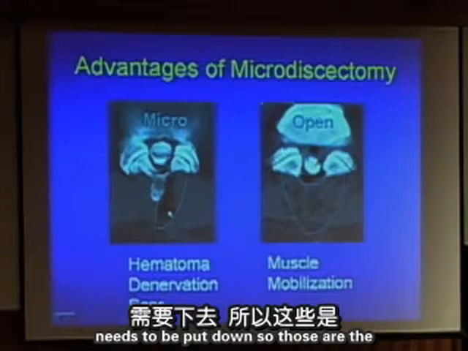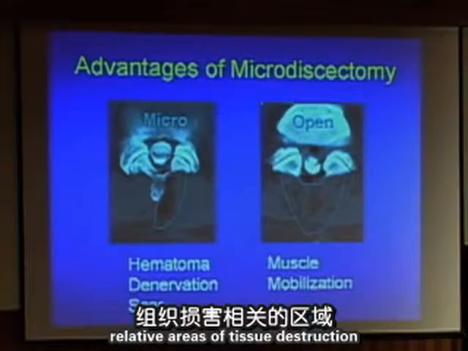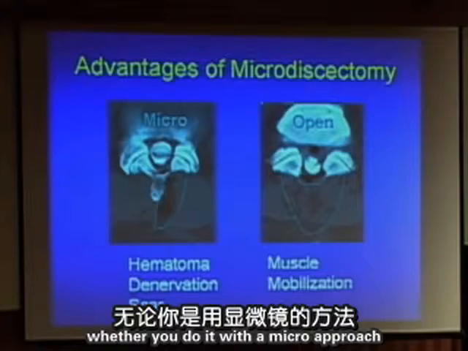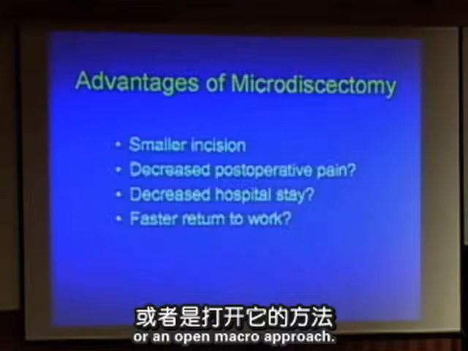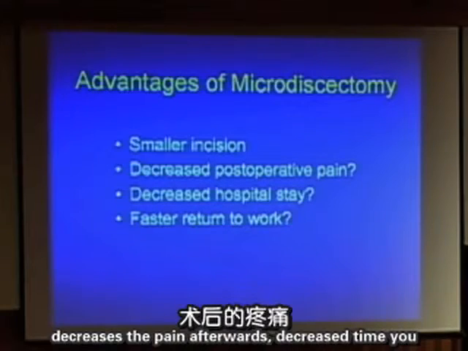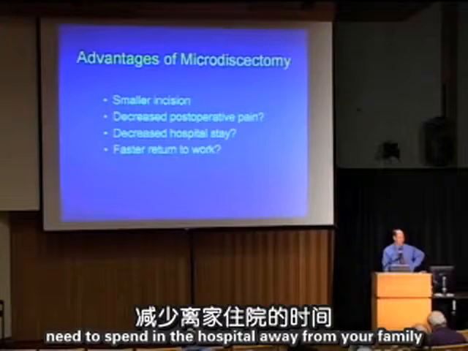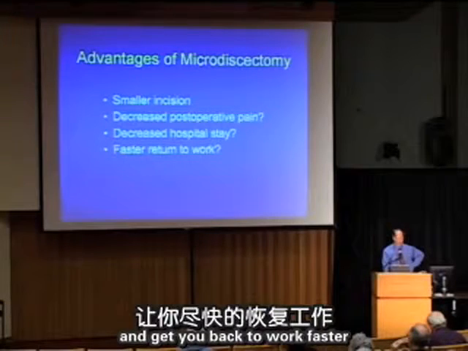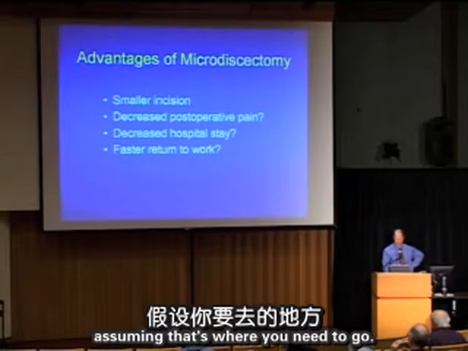So those are the relative areas of tissue disruption whether to do it with a micro approach or an open macro approach. The idea is to make a small incision, decrease the pain afterwards, decrease the time that you need to spend in the hospital away from family, and get you back to work faster, assuming that's where you need to go.